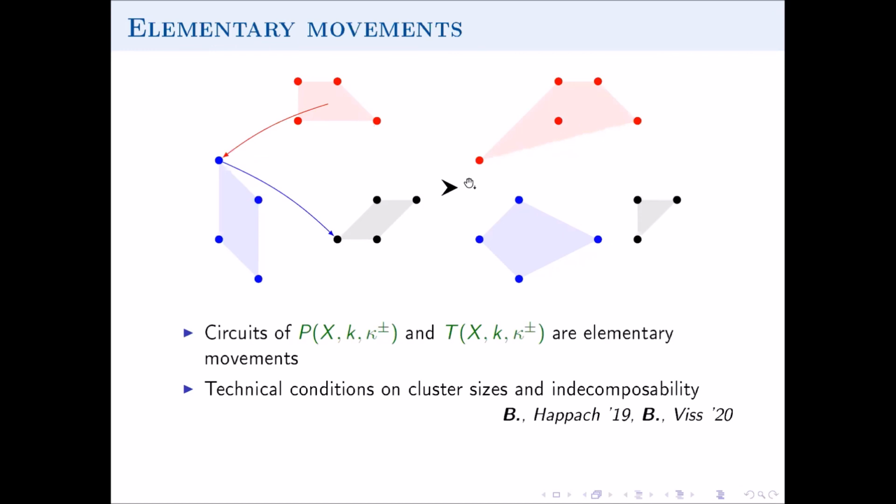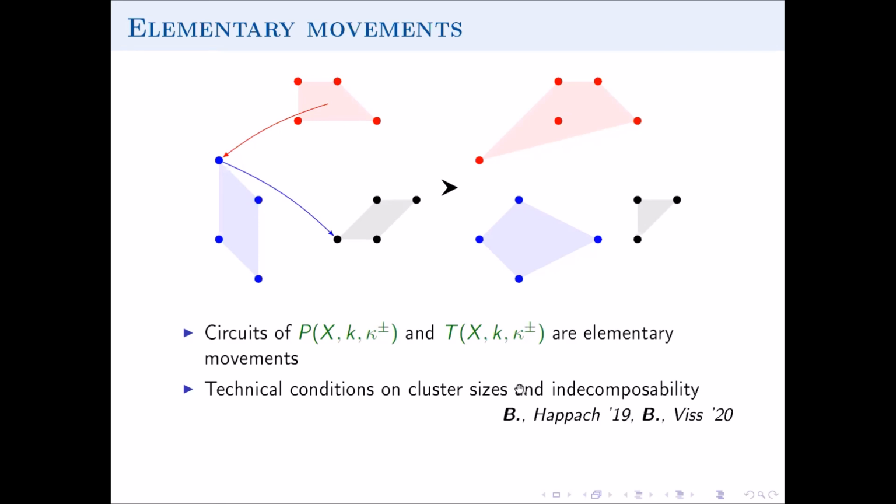Okay, so I'm almost out of time, but I don't have much to go anyway. So there are some technical conditions on the cluster sizes and indecomposability of these elementary movements. So it's not okay to be able to break them up into smaller, shorter elementary movements that keep feasible clustering shapes. But that's really it.